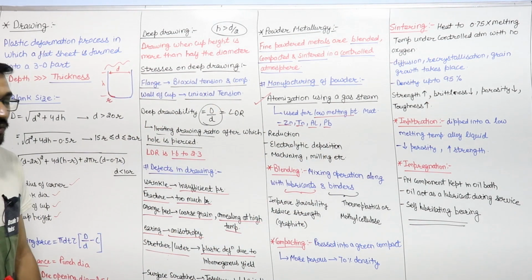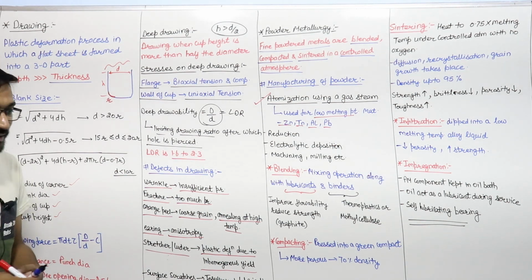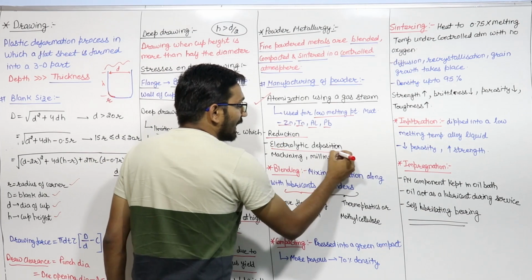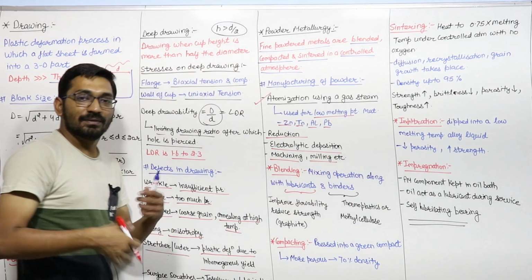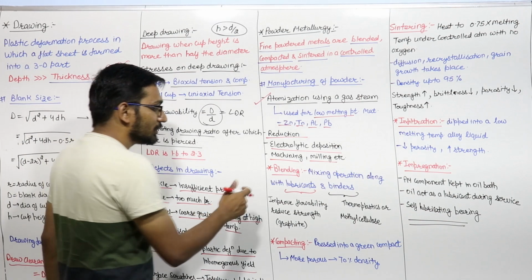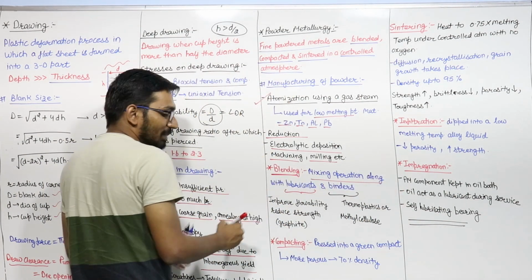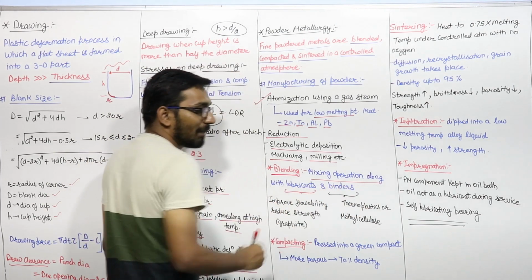Another way is reduction, electrolytic deposition, or machining, milling, etc. After making the metal powder, we go to blending, where we mix the metal powder with lubricants and binders.